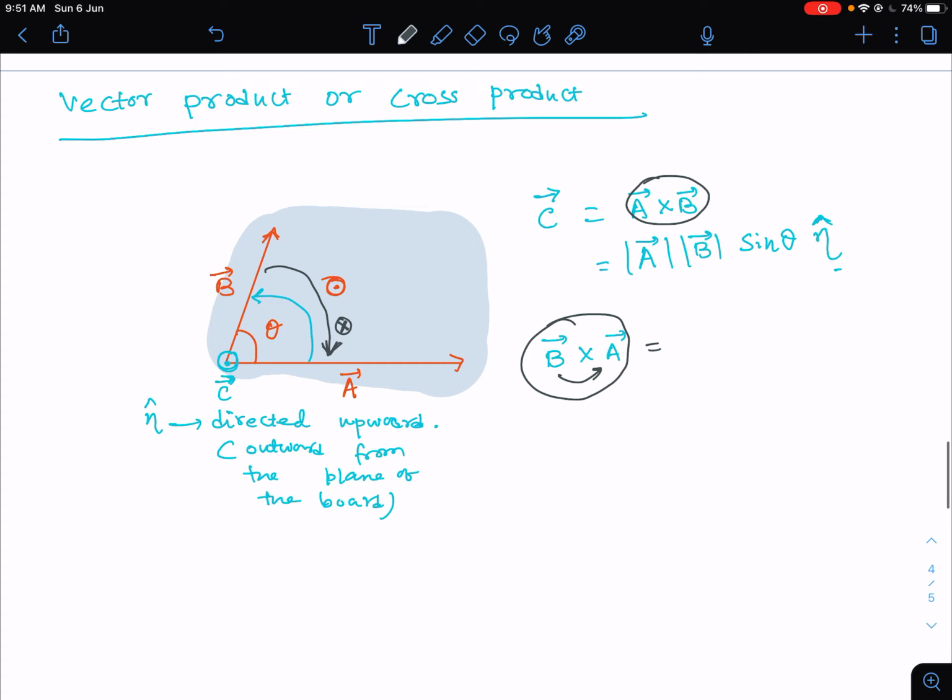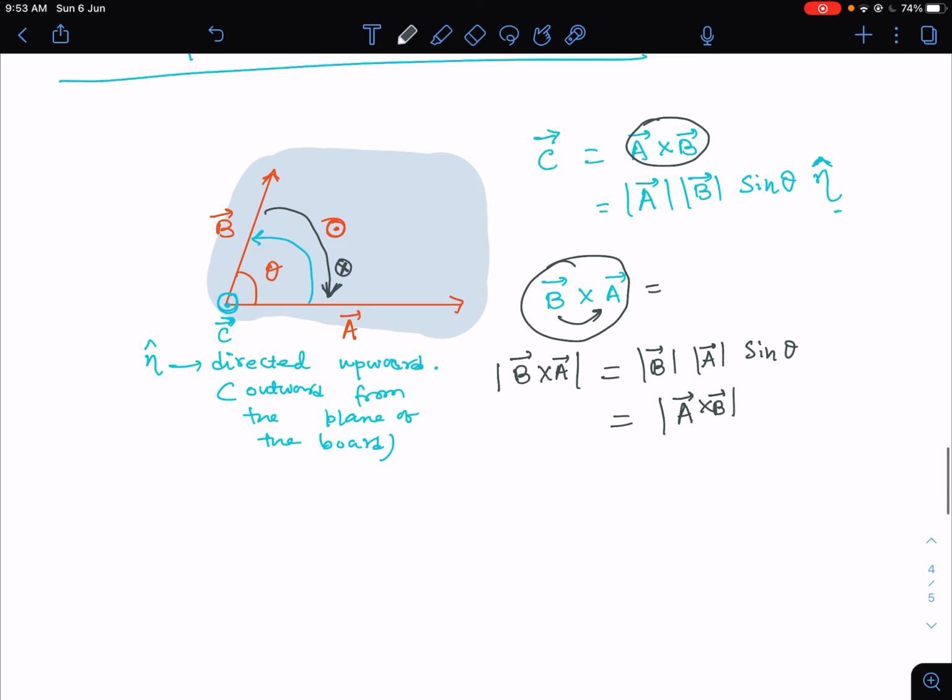But what about the magnitude of B cross A? The magnitude of B cross A is B A sine theta. That angle will not change. That is the same as the magnitude of A cross B. But B cross A is directed along minus eta cap, and A cross B is directed along eta cap.